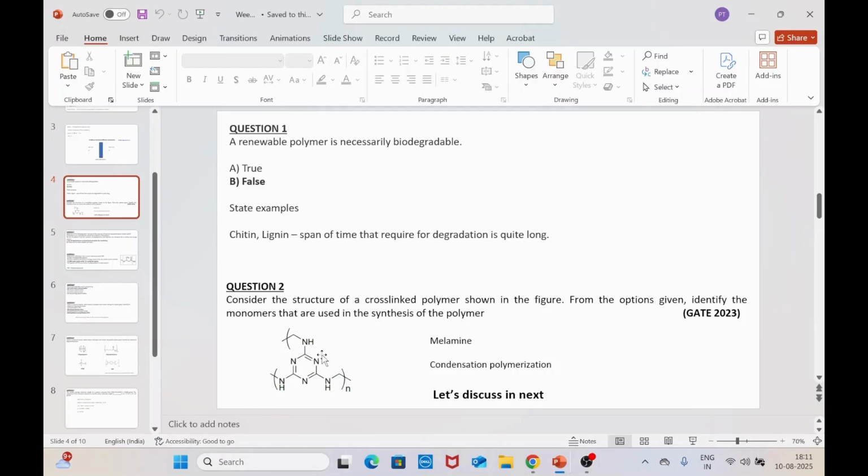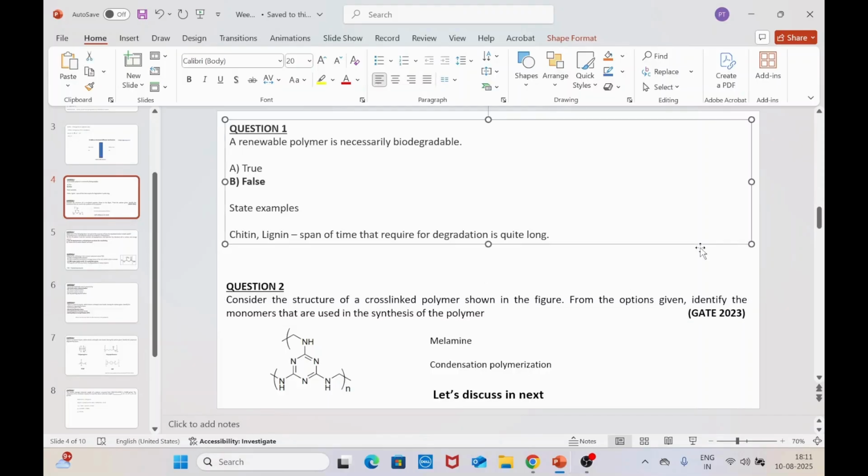If you haven't tried, then we can go back to the lesson. Again, it's a GATE question, GATE 2023. There were options, but here I purposefully removed the options to make things slightly more difficult.